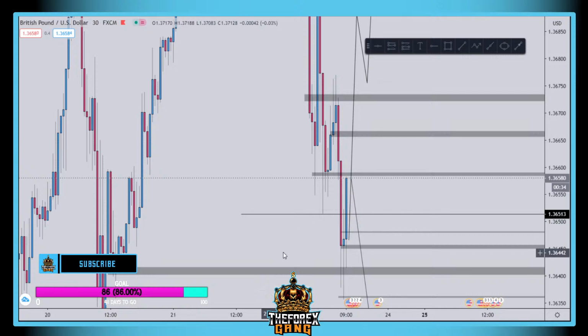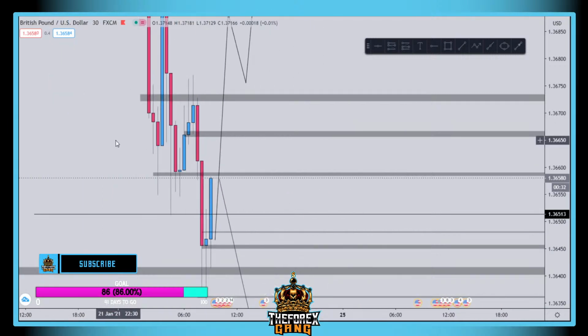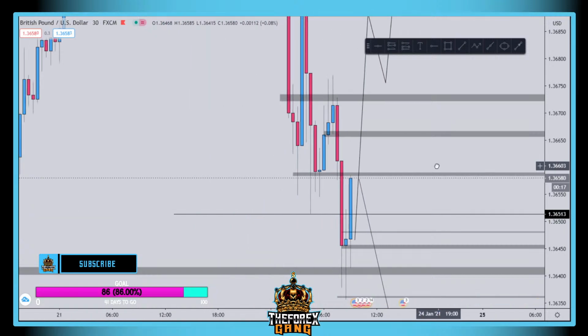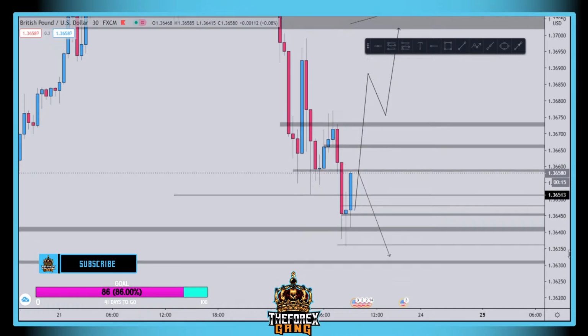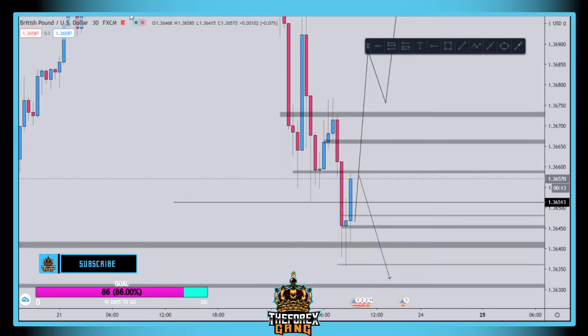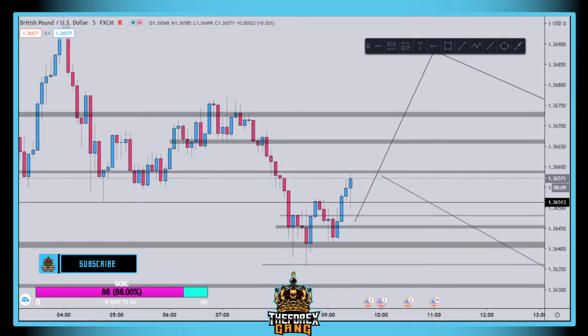So that would have been my target. Yeah. 5 pips. I don't like this current 5-minute which was created. It went below the entry, but then came up.